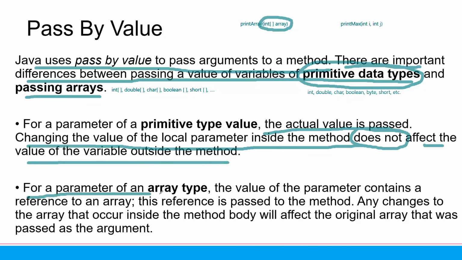If your parameter is an array type, so this is the array type, and this is the primitive data type. This is the array type.